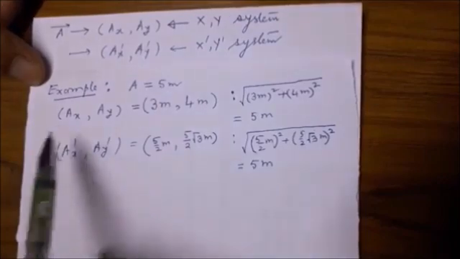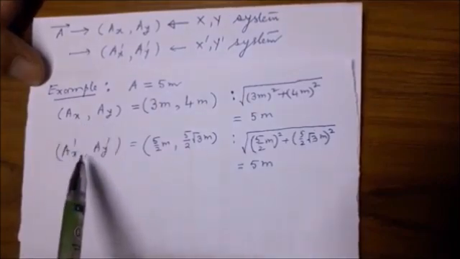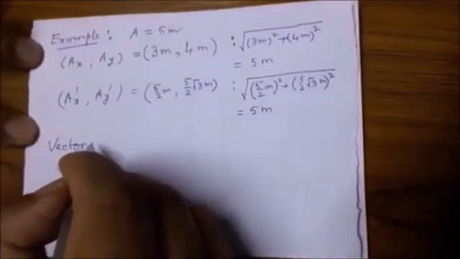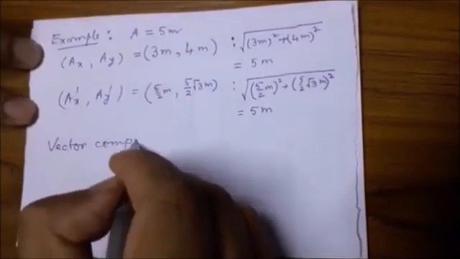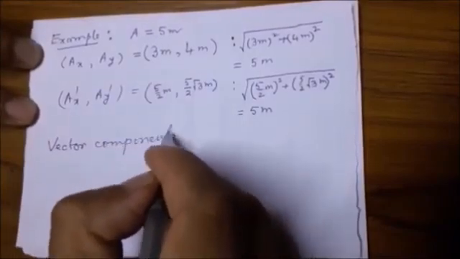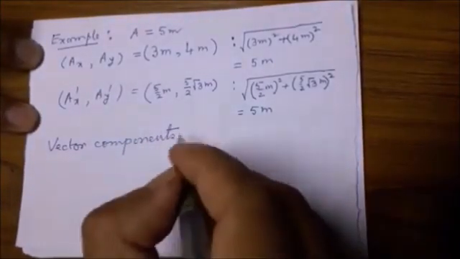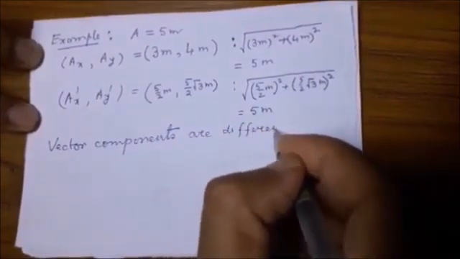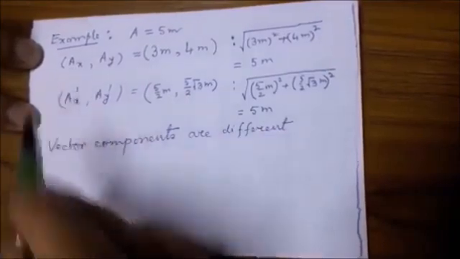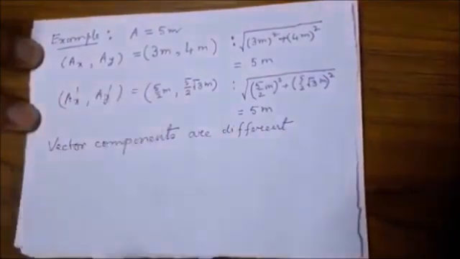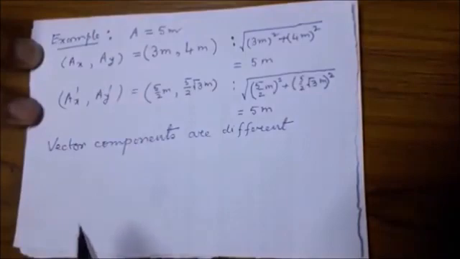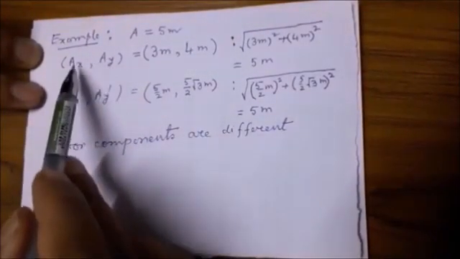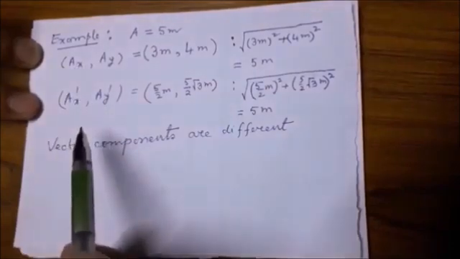It should be noted that the components are not the same. So we conclude that vector components are different. AX and AX prime are not the same, AY and AY prime are not the same, but the magnitude given rise to individually by this set and this set is the same.